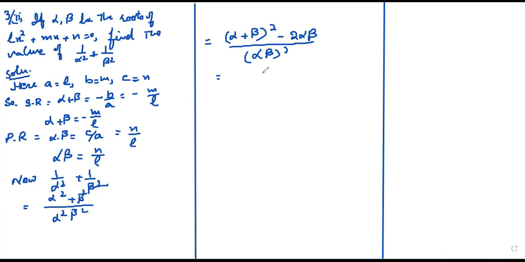M over L square minus 2 times N over L, divided by N over L square.